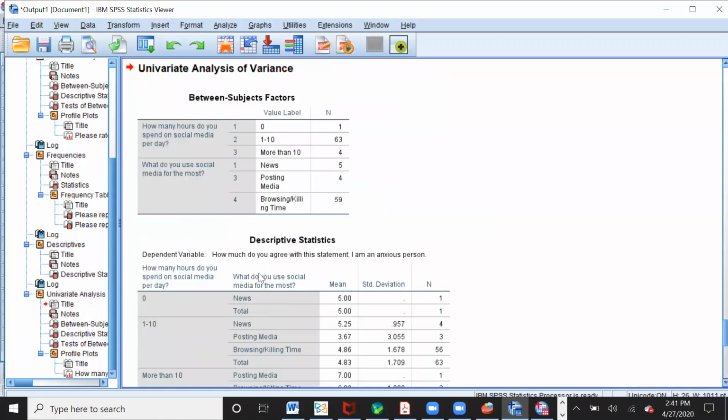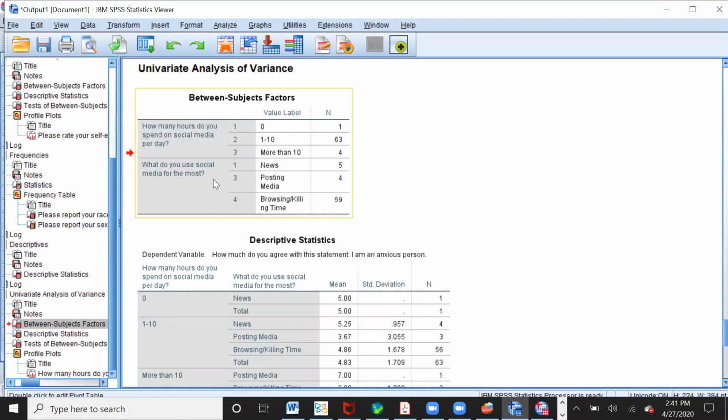All right, so your first independent variable was how many hours you spend on social media. Right. So you had one person that said 0. Wow, that's hardly ever I see anybody say that. 63 said between 1 and 10, and 4 said more than 10.